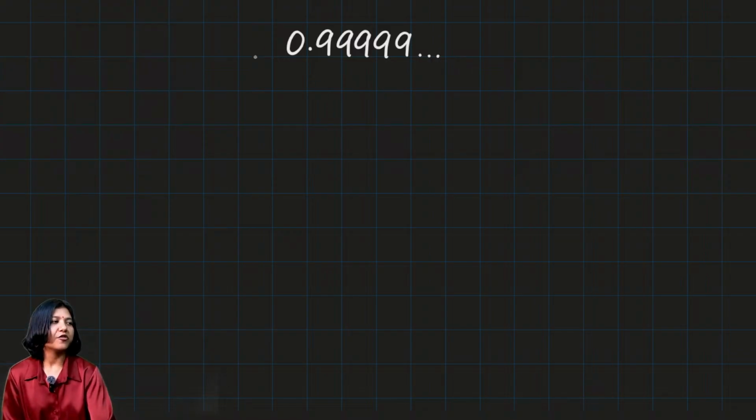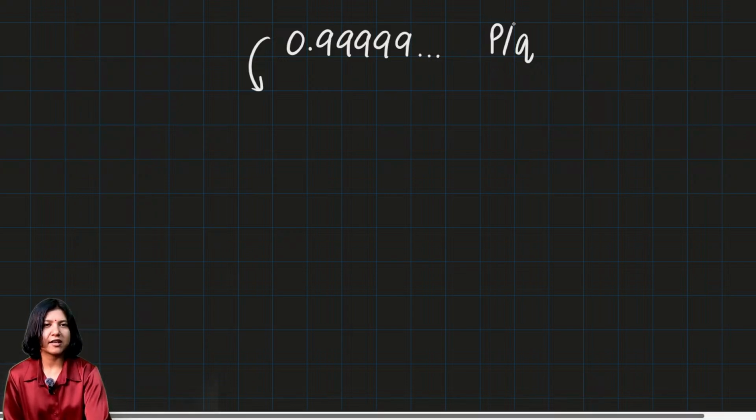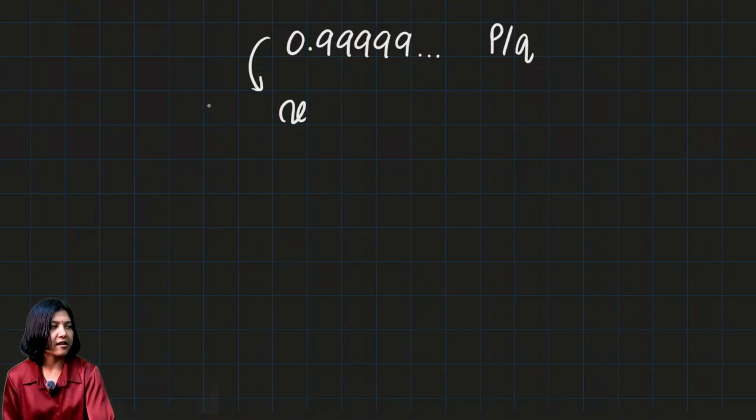Okay, first of all, the question will tell you to express it in the form of p by q. So what we'll do is we'll not write two variables like this. We'll say it is equal to some unknown thing. I don't know what that unknown fraction is. So I'll say let x equal to 0.99999 and so on.